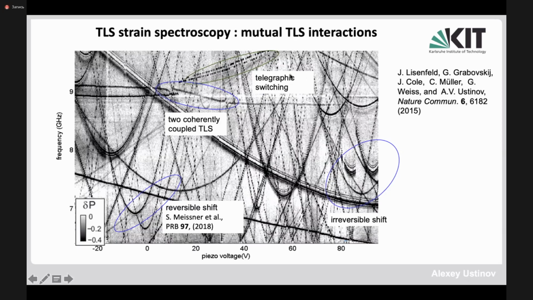So, as I said, there is a telegraph switching between the defects. There are also some signatures of coherently interacting defects, when two defects, two little dipoles, actually interact directly with each other and not through the qubit. There are also some irreversible shifts which are due to the deformation of the material, which occurs due to applying the mechanical strain. So all that has been studied in great detail.